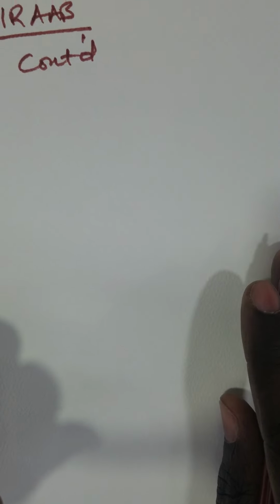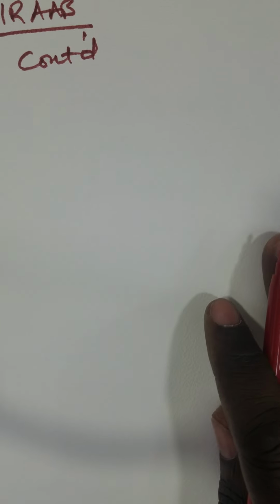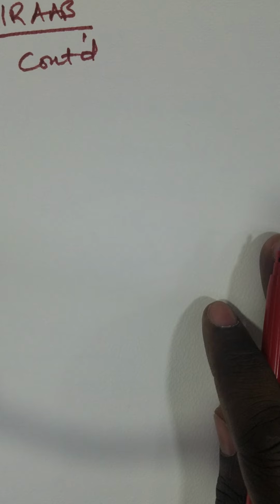You remember when we were starting about the number, and we said that all isim, the pronouns, adjectives, and nouns will be defined by four characteristics. One of them will be the gender, definiteness, number, and Iraab.